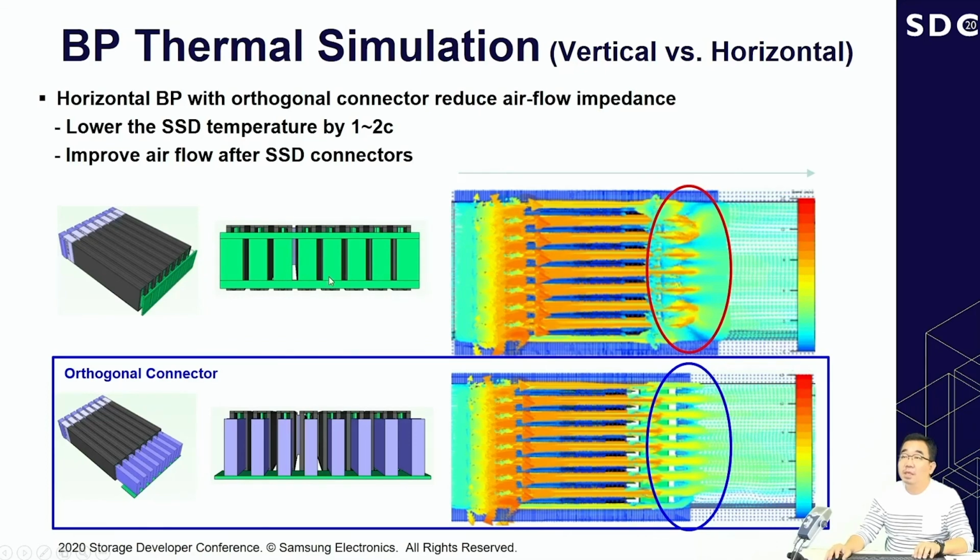As you can see in the picture, with the vertical backplane, there is some turbulence on the backside of the SSD. With the horizontal and orthogonal connector, you can see that air flows very smoothly through the system. We found that if you adopt the horizontal backplane with orthogonal connector, you can lower the SSD temperature by 1 to 2 degrees C compared to the traditional design.